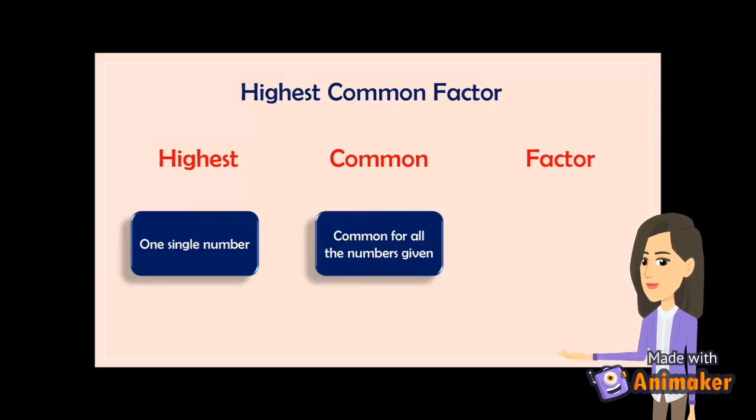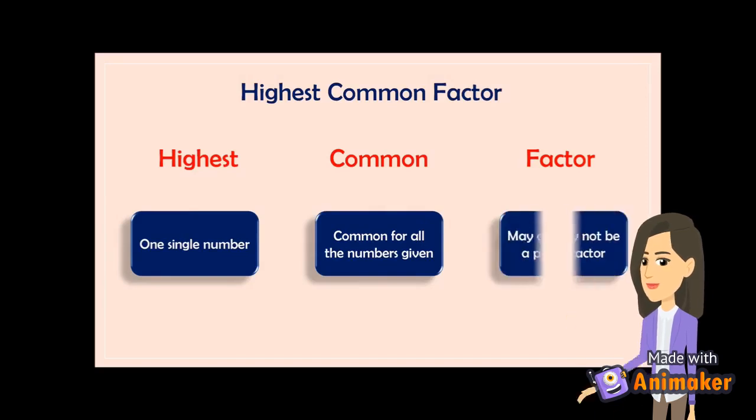Because it would be common for all the numbers given. And why the word factor is, it has to be a factor, but it may or may not be a prime factor. Like we saw, 4 and 6 are factors of 12, but they are not prime factors. So your HCF need not be a prime factor.